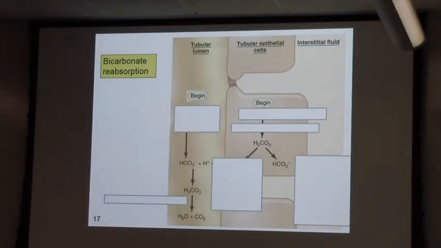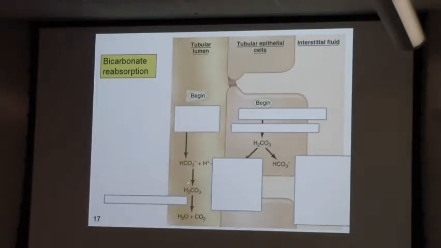You probably want to know a rough estimate of the concentration of bicarbonate in plasma, because we talked about it in the respiratory unit. 25, 26 millimolar is a reasonable concentration for bicarbonate in plasma. It is small, it is freely filtered, so we would have 25 or 26 millimolar of bicarbonate filtered into the tubular fluid.